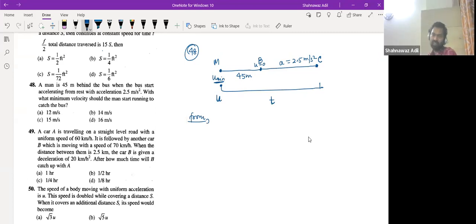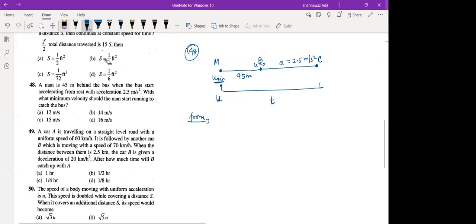So what is the distance from M to C? Sir, can we write the distance between B to C as?